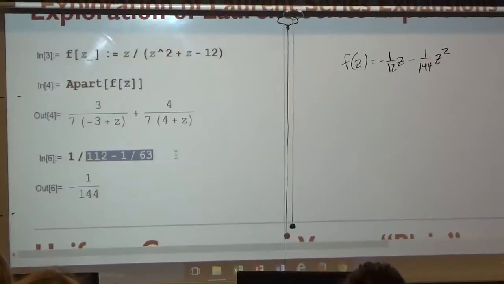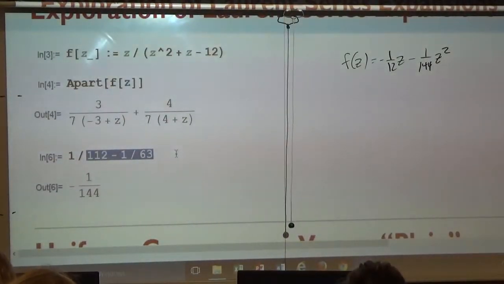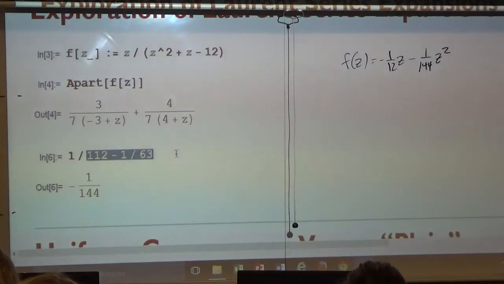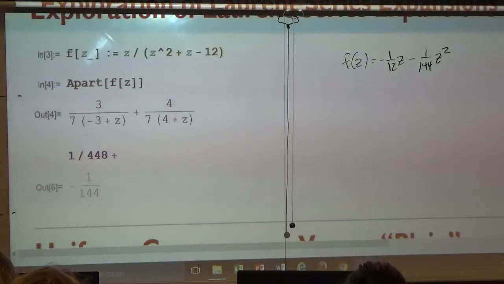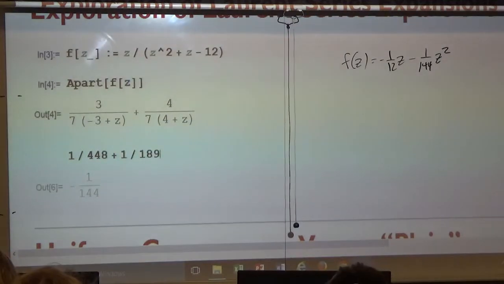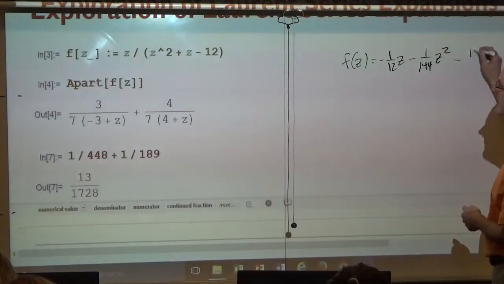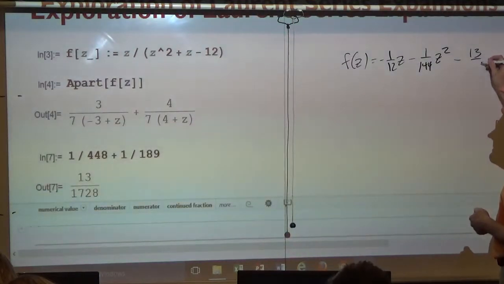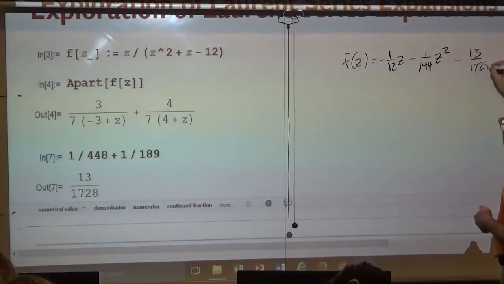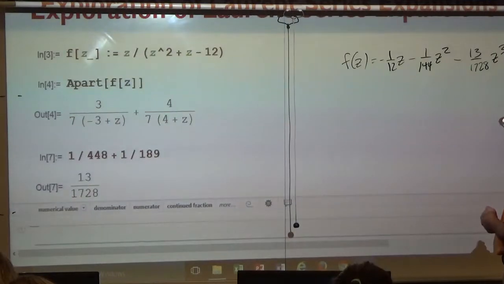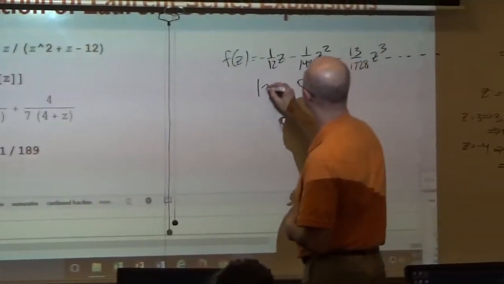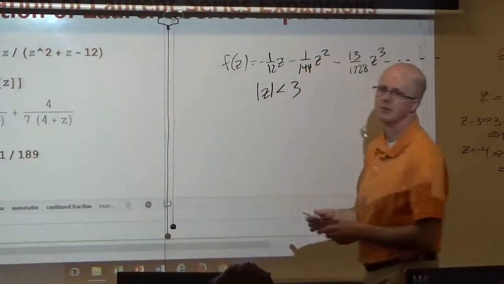Already forgot it. What is it? 1 over 448 with negative signs. I'll do it with positive signs here on the computer. Plus 1 over 189. But then in the end, we get a negative sign. It's going to be negative 13 over 1728 z cubed. And that's going to be the modulus of z being less than 3, the smaller domain.